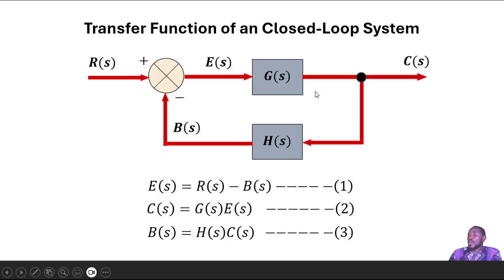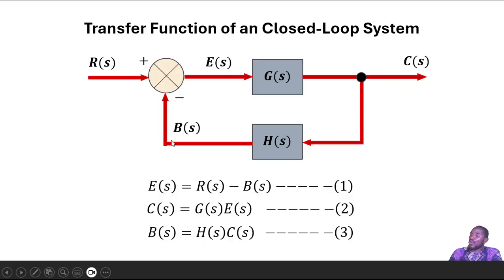Then, when you look at the output C of S, what is coming into this transfer function is E of S. So the output C of S is a product. G of S acts on E of S to give us C of S, and that's what we have here in equation 2. C of S is G of S, the transfer function, times E of S, the error signal.